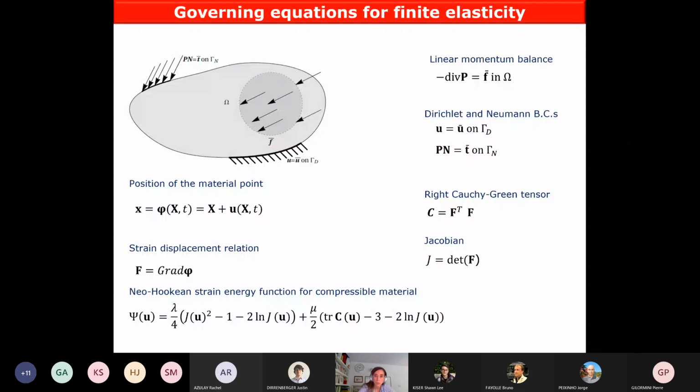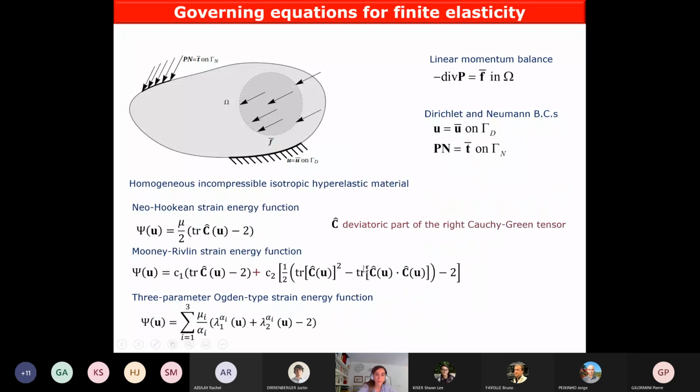As I said, we want to model large strain problems, considering compressible materials, and in this case, we will use in the example a neo-Hookean strain energy function with lambda and mu, the Lamé constants. And also incompressible material behavior. In that case, we will deal with three different constitutive models, expressed in terms of the strain energy function.